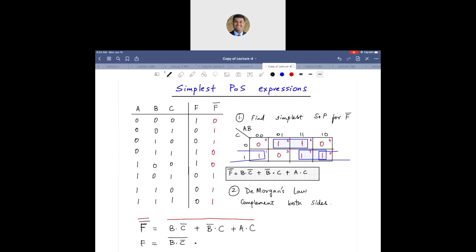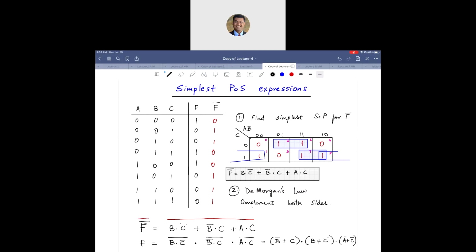This will become and, which will be a product of sums expression, the simplest product of sums expression.